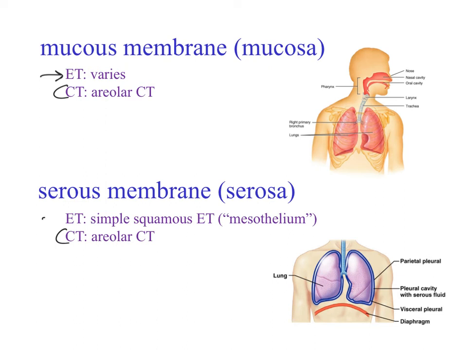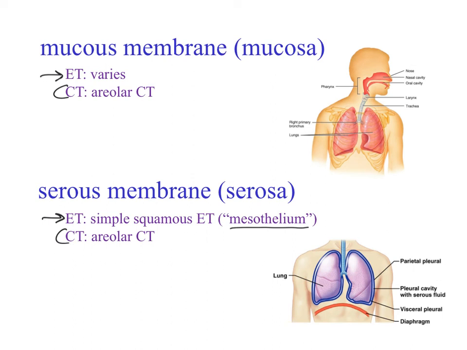In serous membranes, the ET is always simple squamous ET, and it even gets a special name. It's called mesothelium. Mesothelium simply means the simple squamous ET of a serous membrane. So every single serous membrane, whether it's associated with the pericardial cavity or the pleural cavity or the peritoneal cavity, it's always built out of the same stuff.